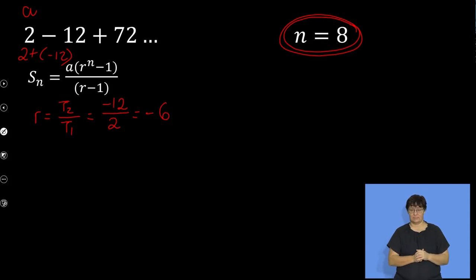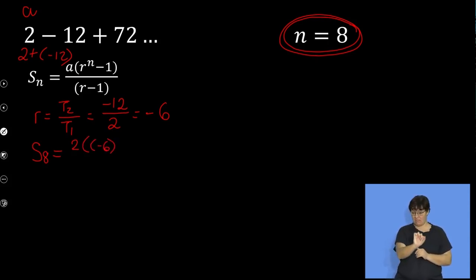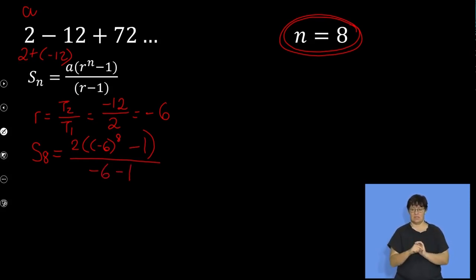So I'm now going to substitute this all into the formula for Sn. So S8, so the sum of the first 8 terms, will be equal to 2 times negative 6, which is my r, to the power of 8 minus 1, all over negative 6 minus 1.